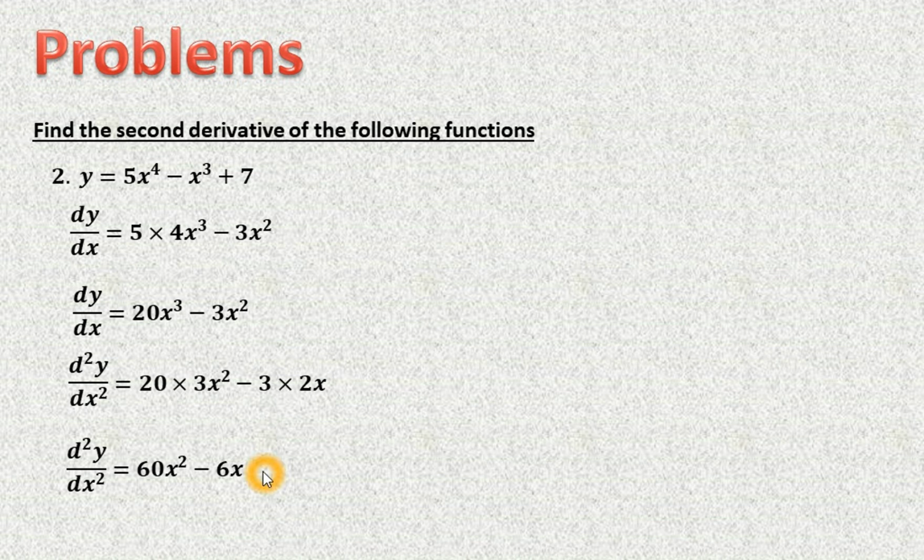Second order derivative means we have to differentiate two times: first find the derivative of the function, then find the derivative of that result. If you don't know the basic differentiation of polynomial functions, go through the link in the description box and learn that part.